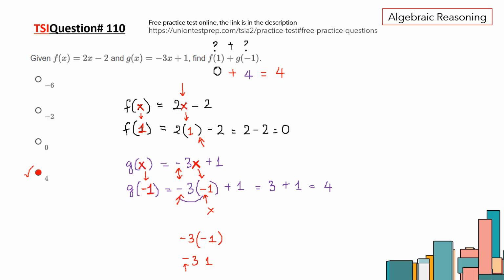Usually people forget about that, or they forget to distribute that negative inside and make this become negative 3 plus 1, and it makes your answer wrong. So make sure that you understand which one you copy and which one is the value you have to plug in.